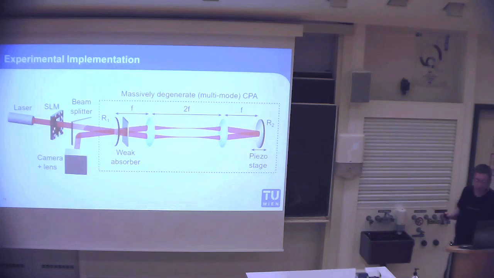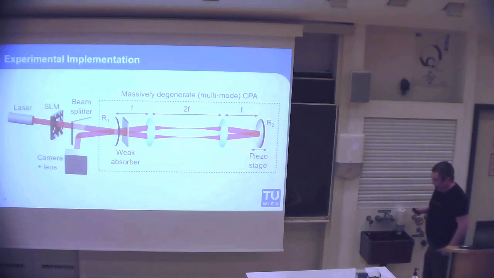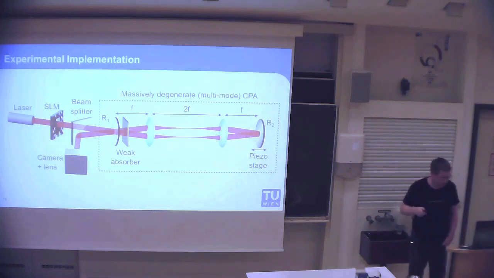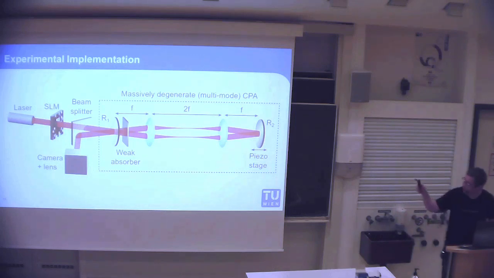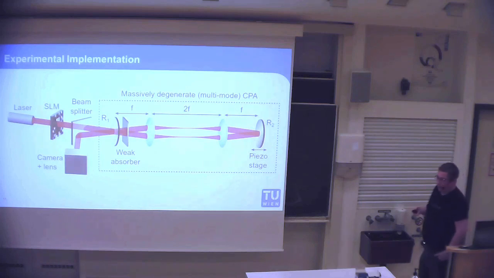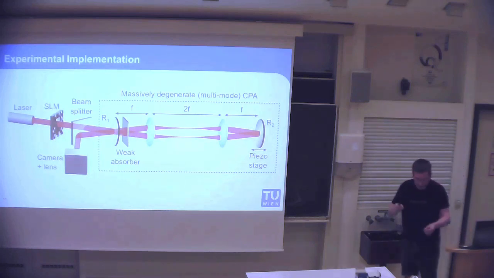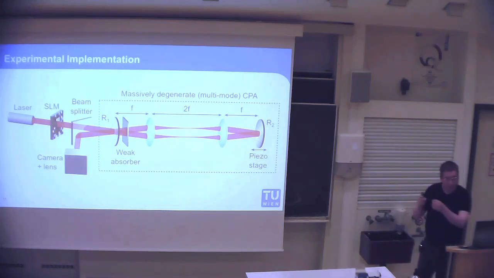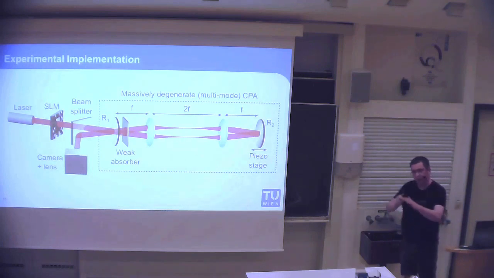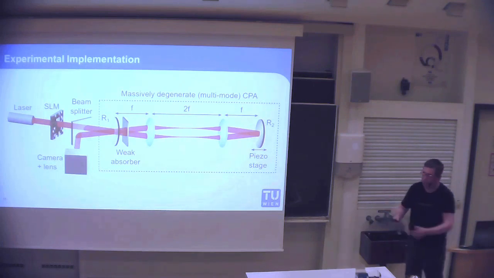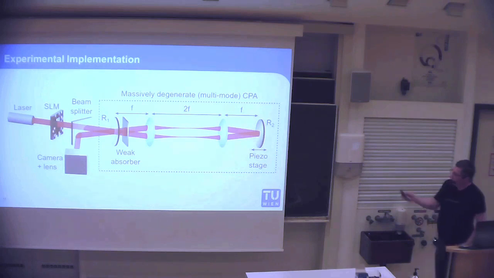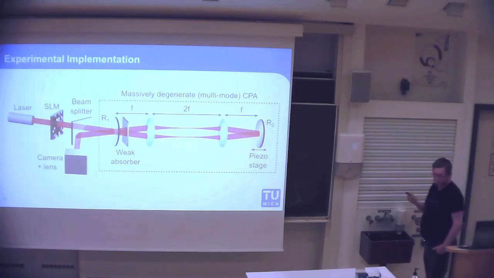On the left side, there is a frequency stabilized laser at 633 nanometers, and then an SLM, a spatial light modulator, where you can control with a computer the amplitude and the phase of every pixel, and therefore create whatever complex light field you want. Then they coupled in the light fields they created, and coupled out the reflection into a camera to find out what the effect is.